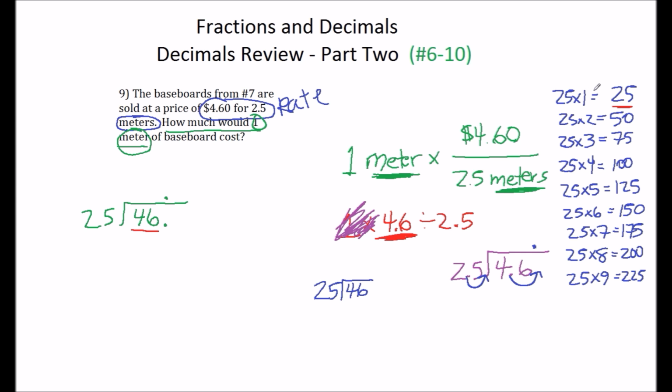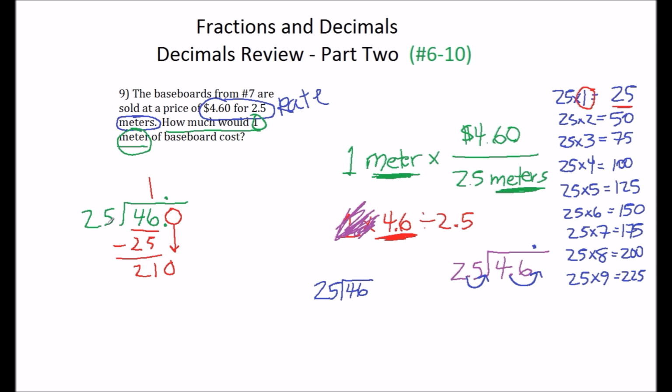We're trying to get 46. So that means 1, and 25 will go into 46 one whole time. Now I'm going to multiply by 25, subtract: 46 take away 25 is going to give me a 1 there and a 2 there. And now with decimals, until my remainder is 0, I have to put a 0 here and bring it down and keep dividing.